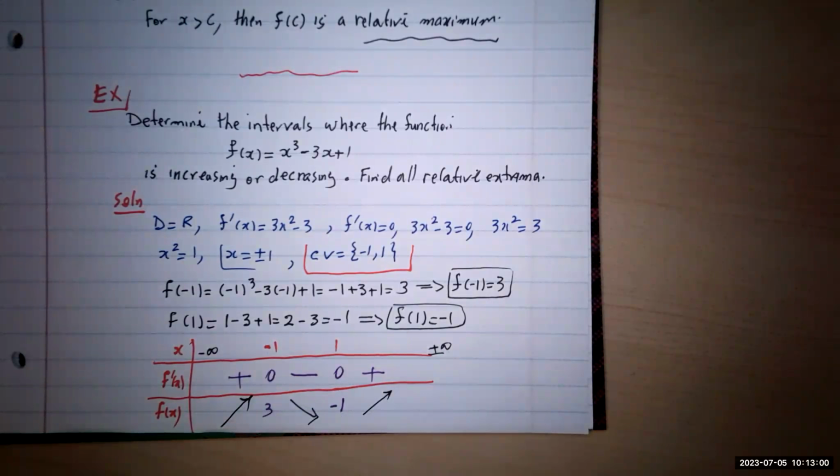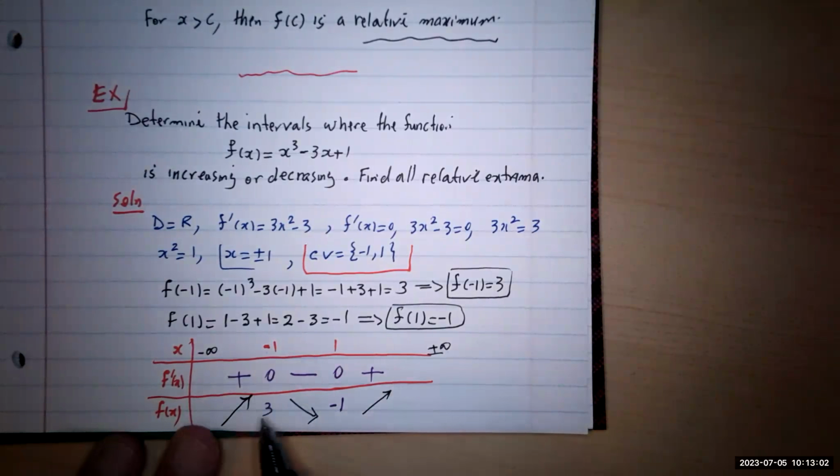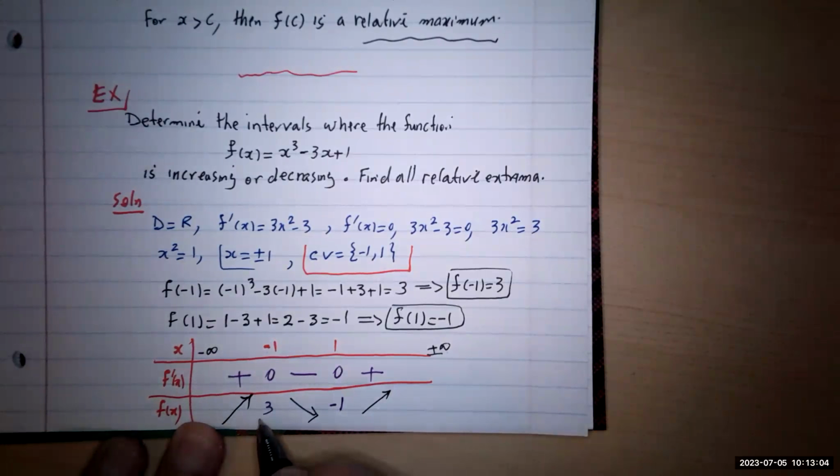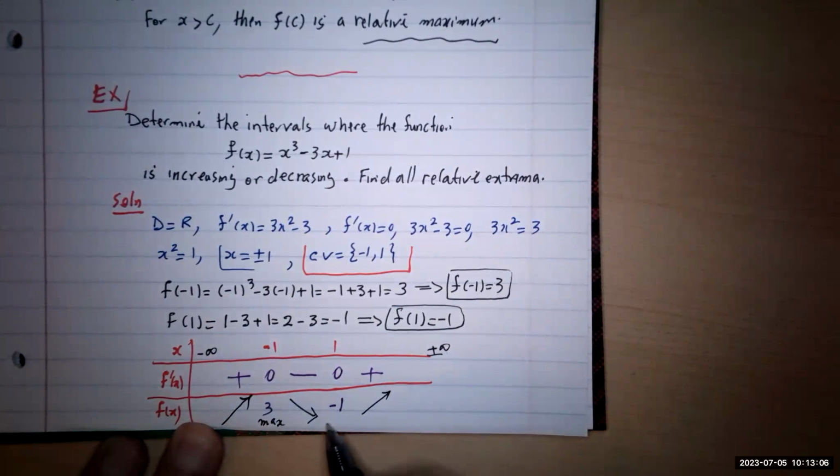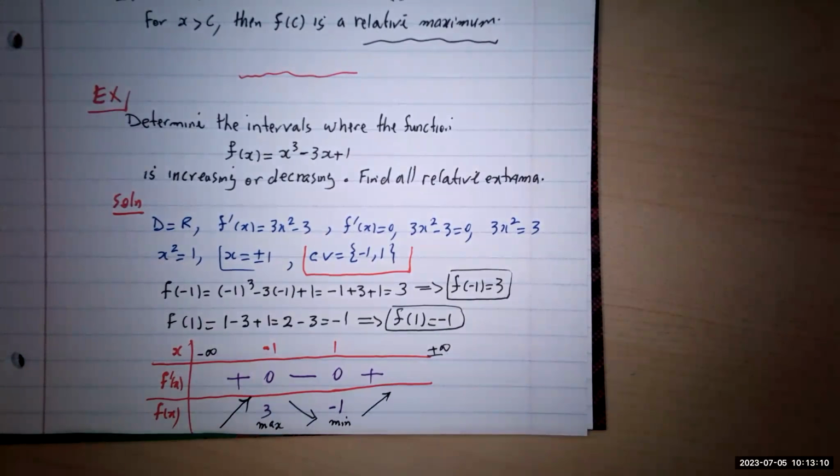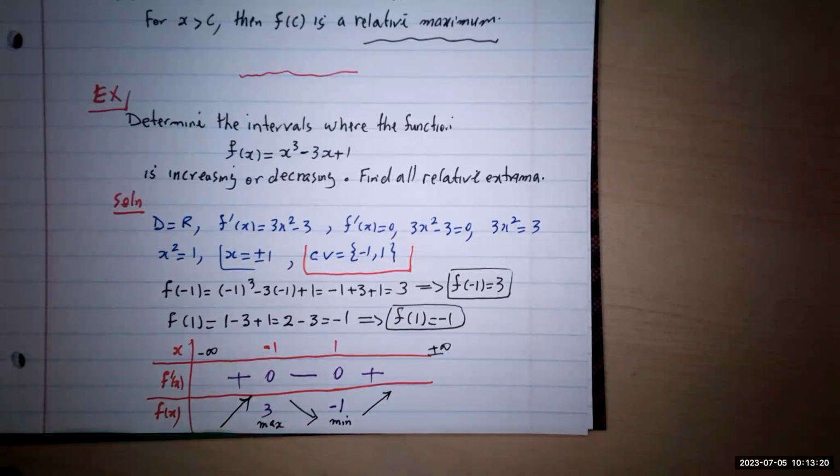Now, max and min: up then down is a maximum, down then up is a minimum. You see, it's done. That's the best way to express it. But some people don't like this and give a different interpretation, but I'll be happy if you can get it right. You don't have to explain this one if you write it down in this form. Otherwise, you have to explain when you give your conclusion.